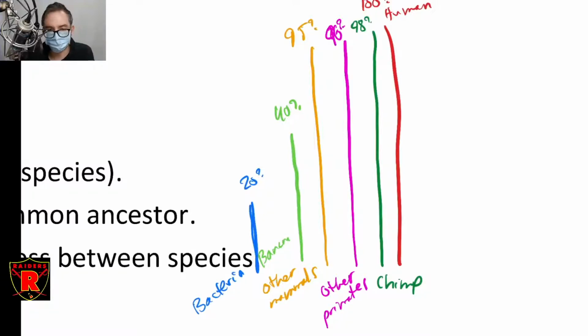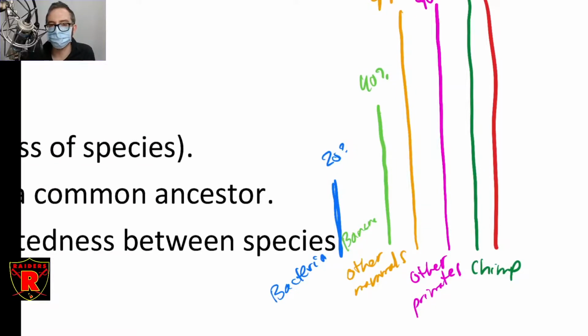And then, of course, you can look to something that's extremely different from humans, like bacteria. Bacteria, obviously, very, very different. And we might even have 20% homology to some types of bacteria. And again, that might seem really crazy, but we have the same DNA. It's made out of the same molecule. We produce RNA. We make ribosomes.